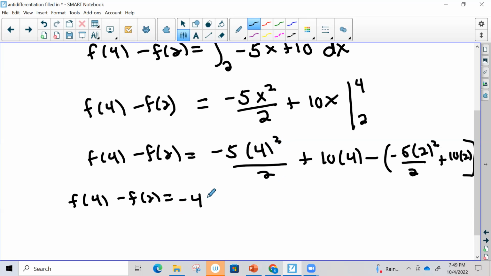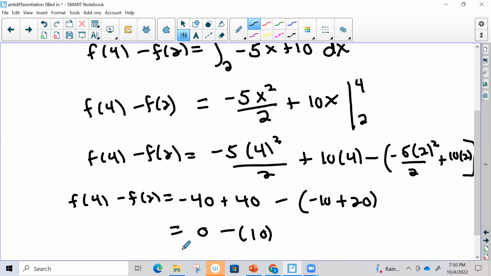So this should give us negative 40 plus 40 minus negative 10 plus 20. So that gives me 0 minus 10. And so we get negative 10.